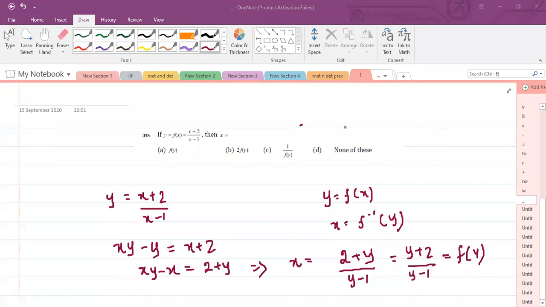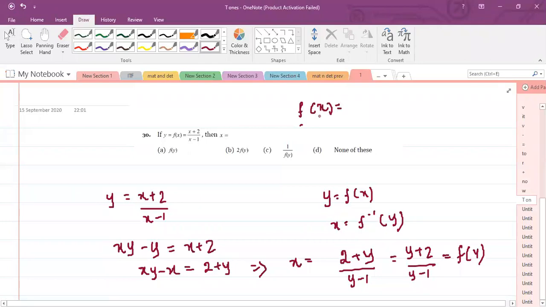If the function is f of x equals ax plus b divided by cx minus a, then f of x is equal to f inverse of x. We have this particular condition, and it is mentioned in the synopsis also.